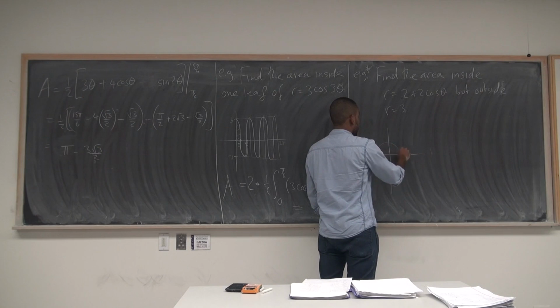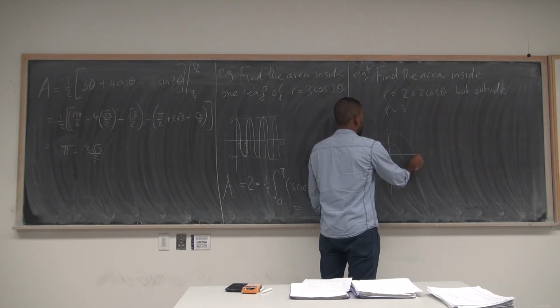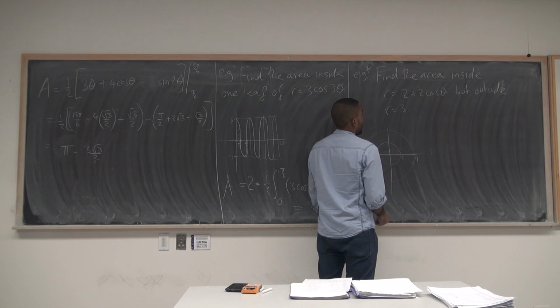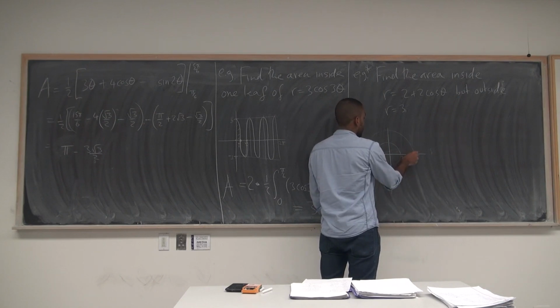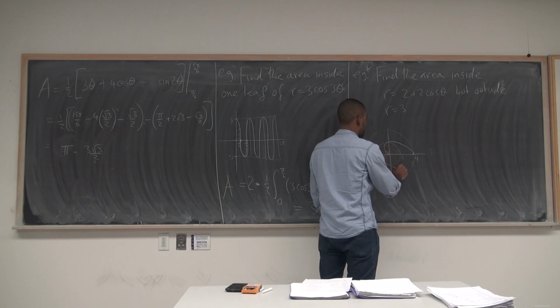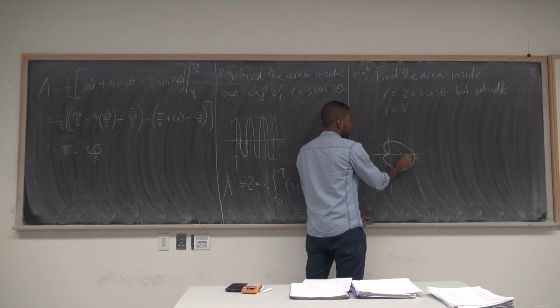Right, there's one where the radius was 2, there's another one where the radius was 4, and at 0 we started here, and we went boom, boom, right, so that's one guy. What does r equals 3 look like? It's just a circle of radius 3, right?